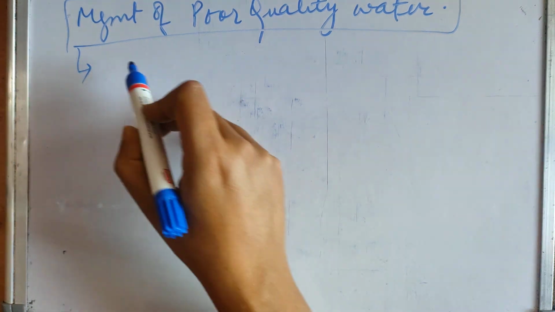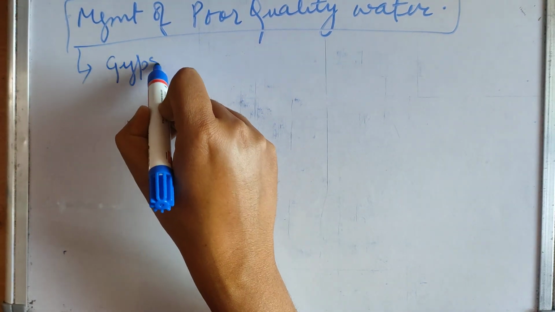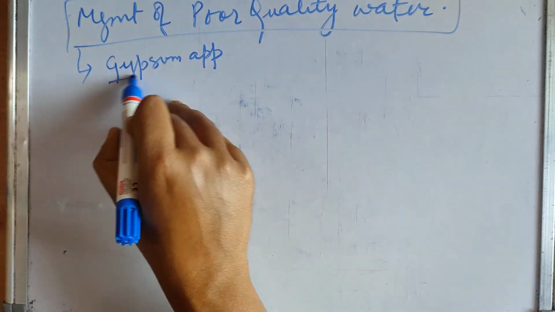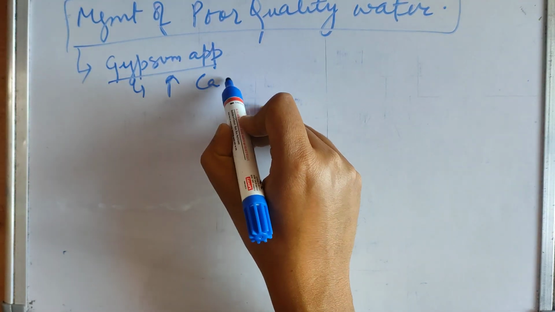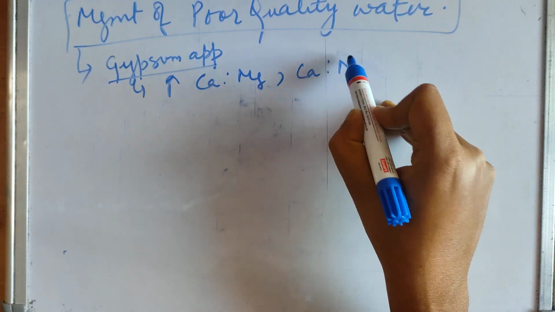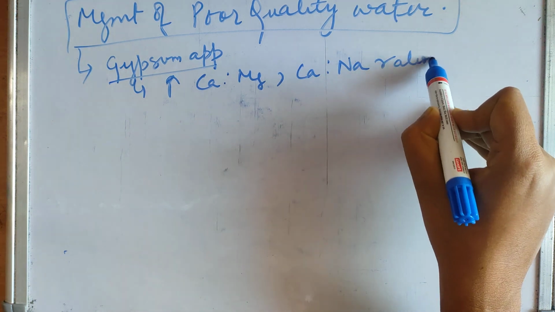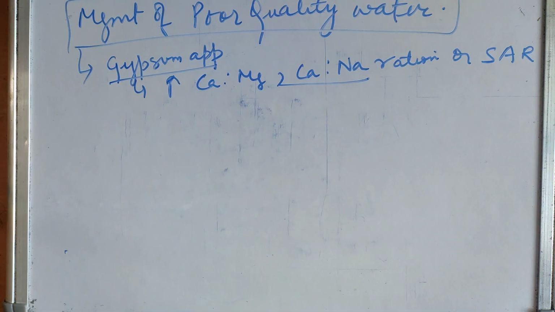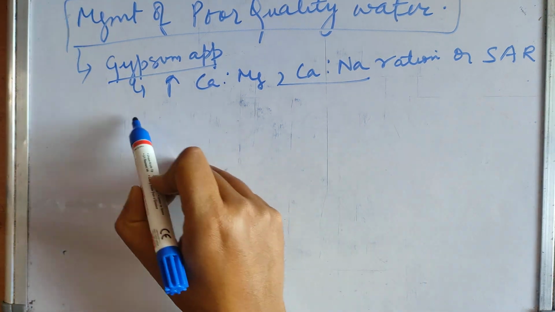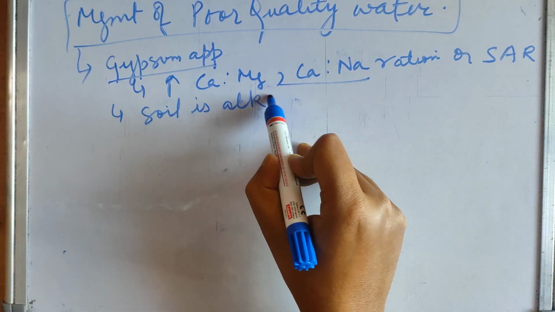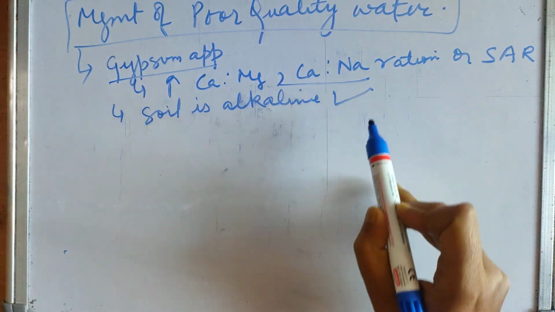First one is gypsum application. We can do gypsum application because it will improve our calcium and magnesium ratio, or SAR. It is applied when the soil is alkaline. When soil is alkaline, we need to apply gypsum.